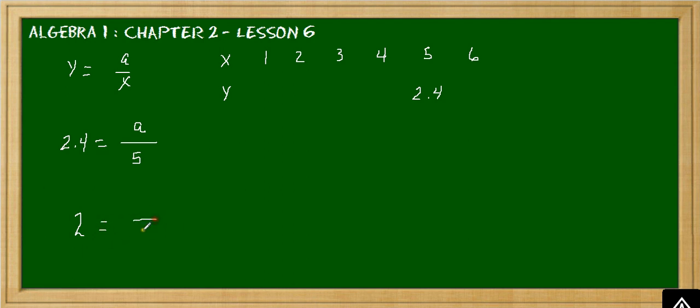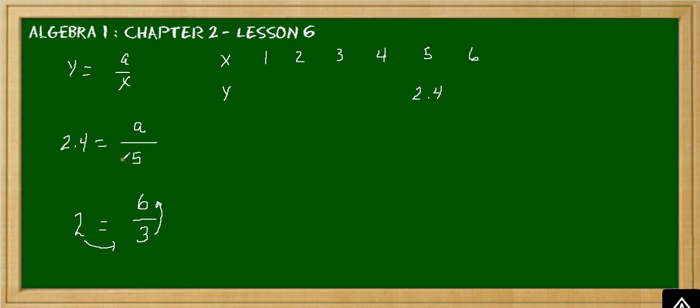If we wanted to know what number divided by 3 is equal to 2, you may think off the top of your head, that's 6. 6 divided by 3 is equal to 2, but also 2 times 3 is equal to 6. So there's a relationship between these numbers.